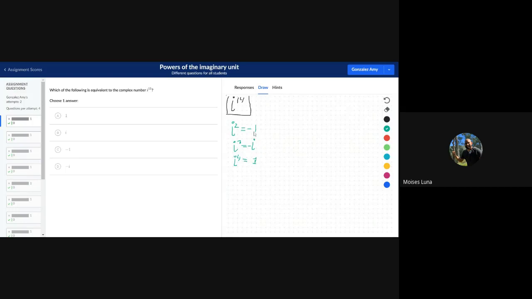All right, negative 1. It's always good to have this so that you can substitute it at the end.